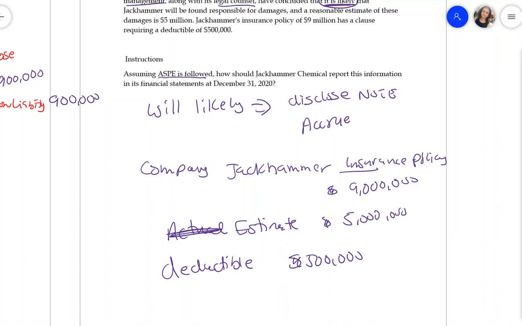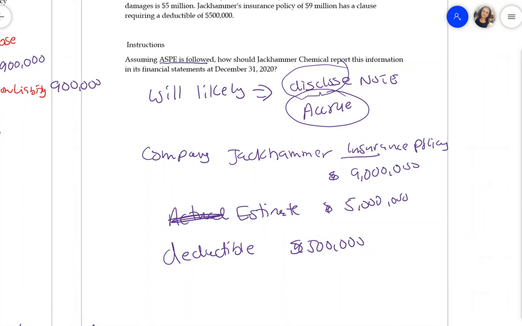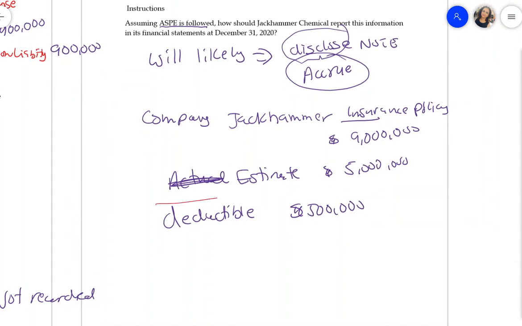So the question is how much we have to disclose, and the other question is how much we should accrue. The accrued amount will be the deductible amount. Even though we're getting sued for damage of 5 million, we have an insurance policy that will pay up to 9 million.